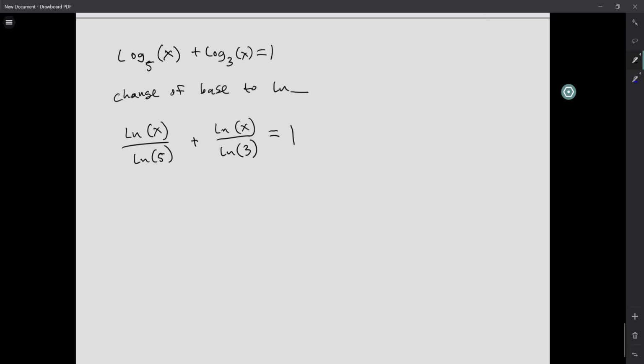To solve this, I would get rid of the denominators, so multiply both sides by the common denominator, ln of 5 times ln of 3.